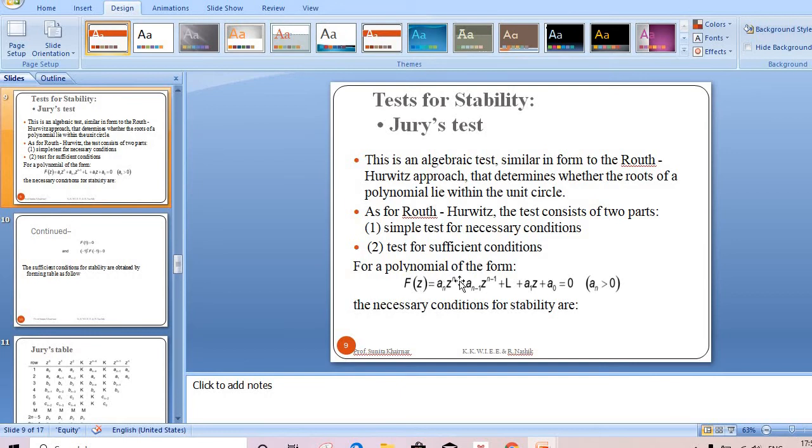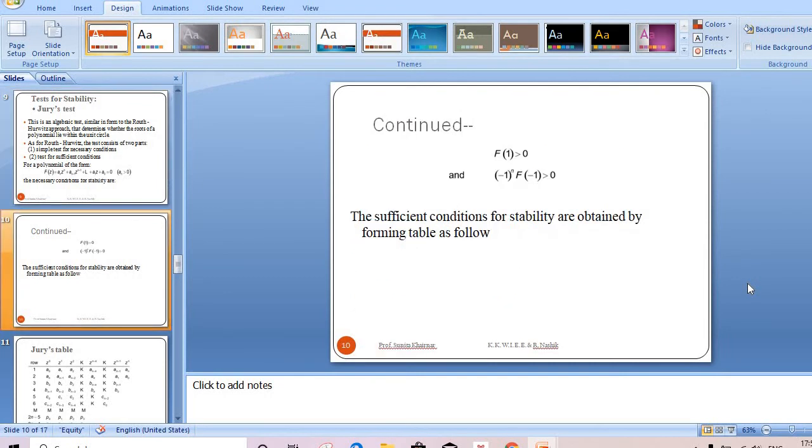For a polynomial of the form f of z equal to an z raised to n plus an minus 1 z raised to n minus 1 up to a0, where an is greater than 0, the necessary conditions for stability are given this way. What is the necessary condition? First is that f of 1 should be greater than 0.